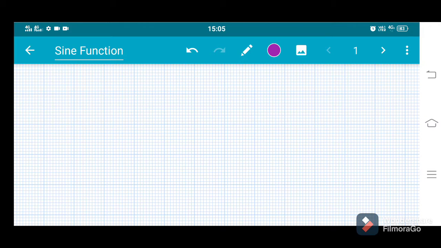As the title suggests, it is the sine function. I basically discuss how and when a sine function is bijective.